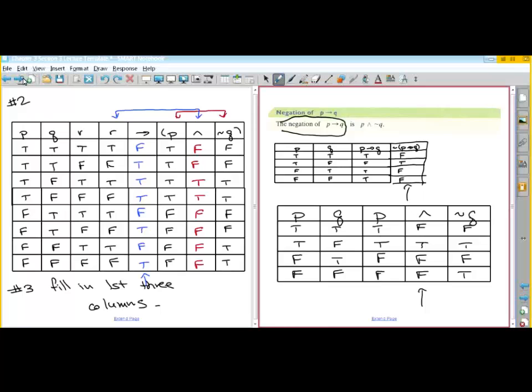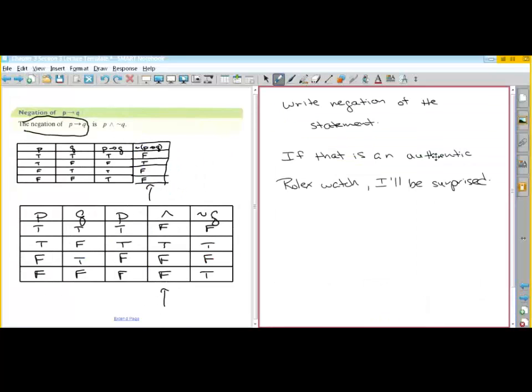If I have an if-then statement, here's one: if that is an authentic Rolex watch, then I'll be surprised. Let's put a then in there. That's the original if-then statement. How do I make a negation of that statement?